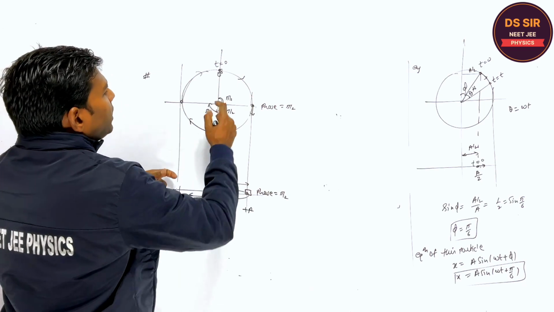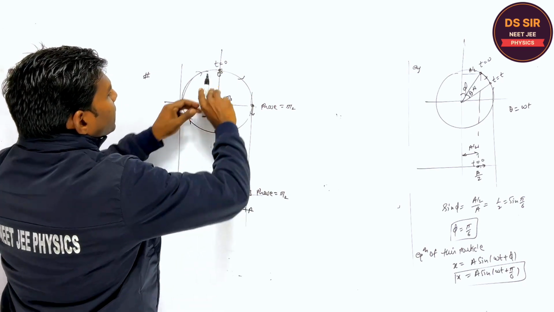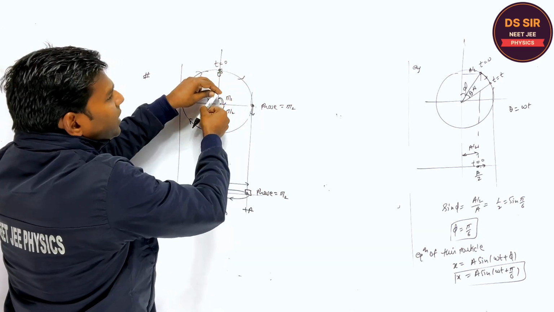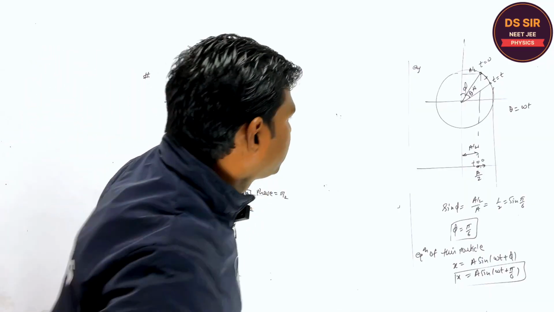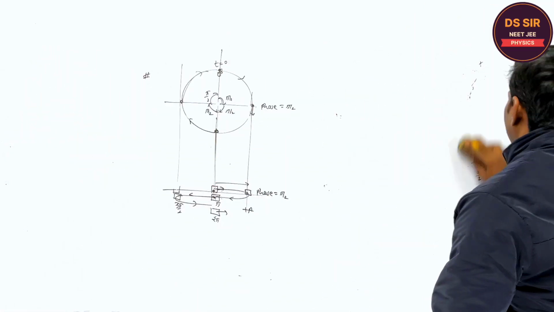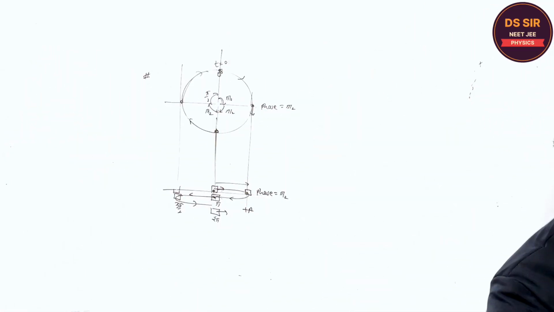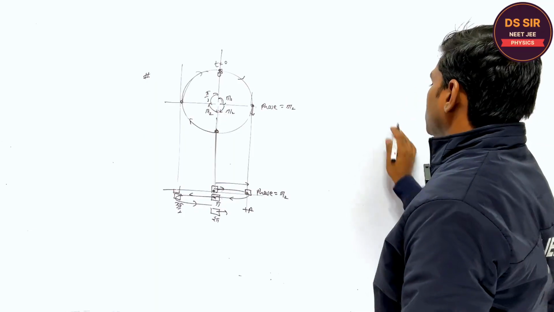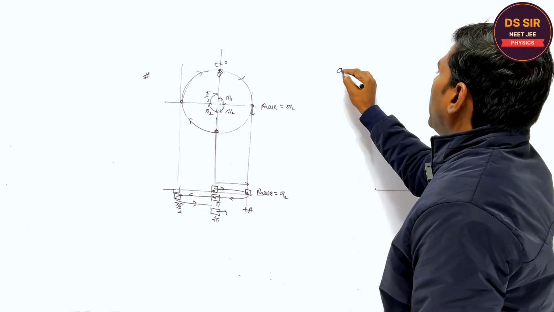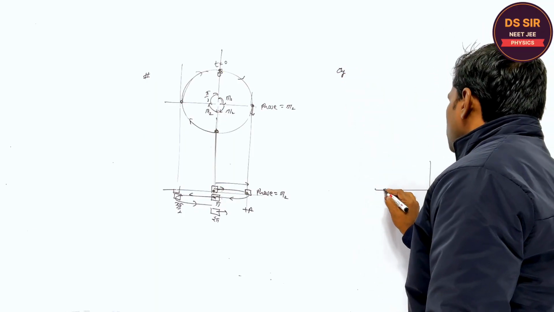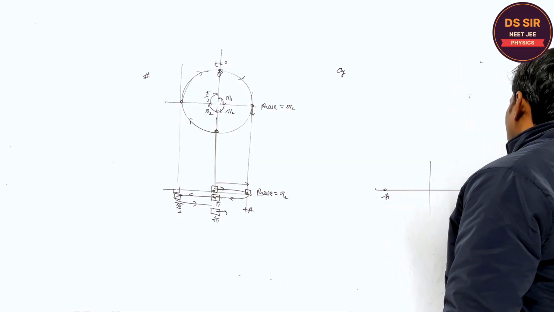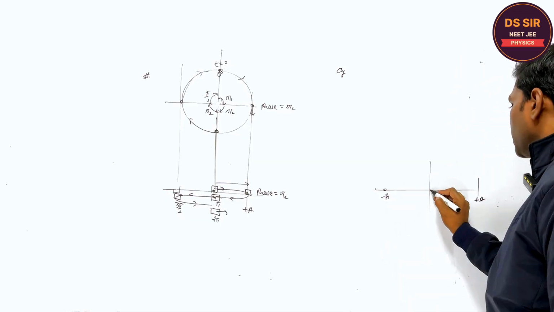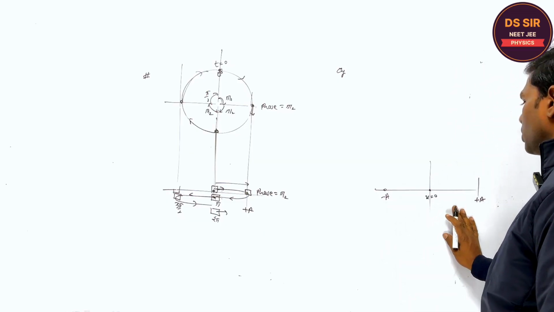Right. So the angle made by this vertical line is phase. Is it clear or not? For example, listen one thing. Suppose I am giving this side: this is plus A, this is minus A. Are you getting? This is x is equal to 0, right?